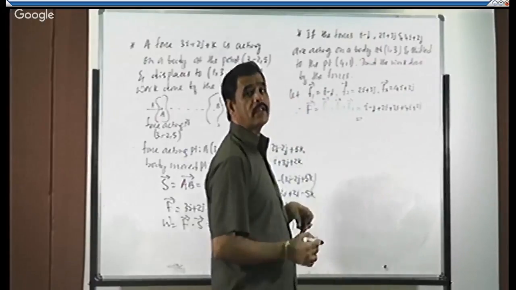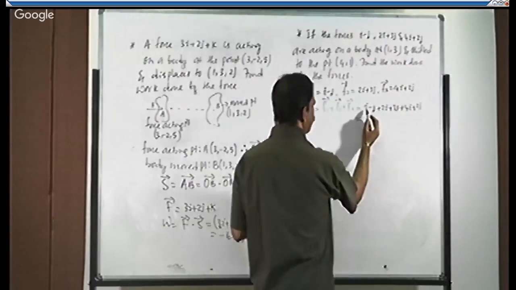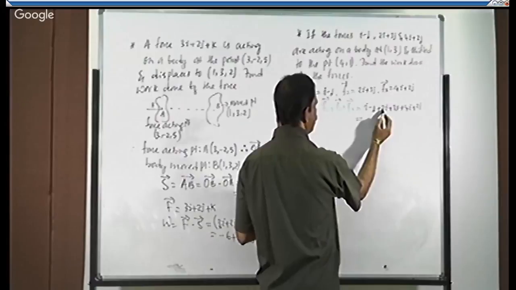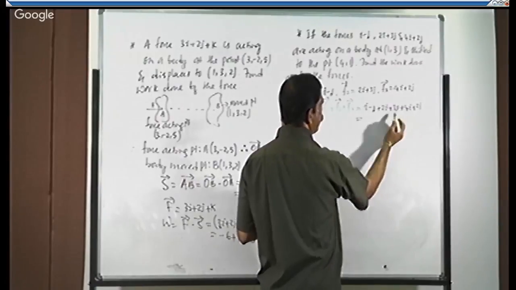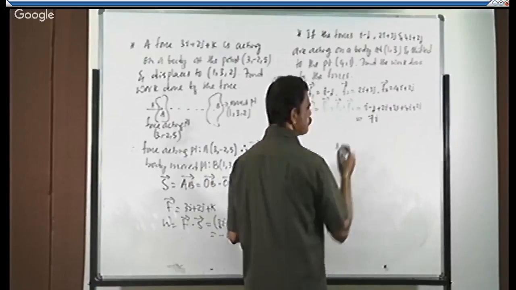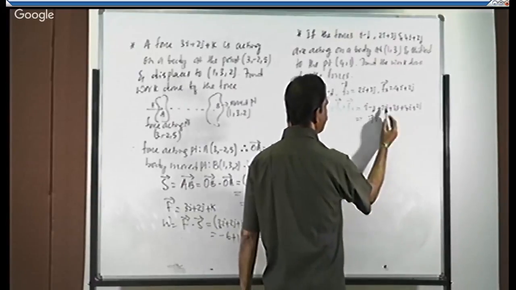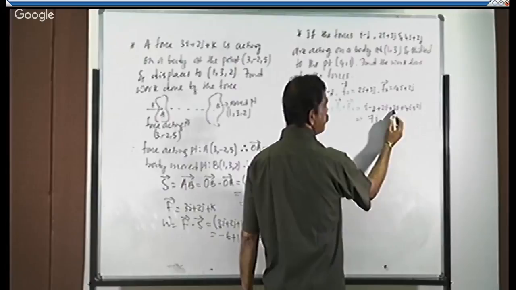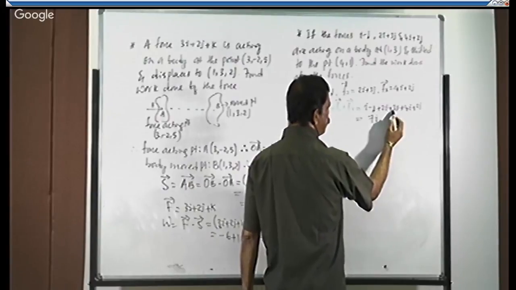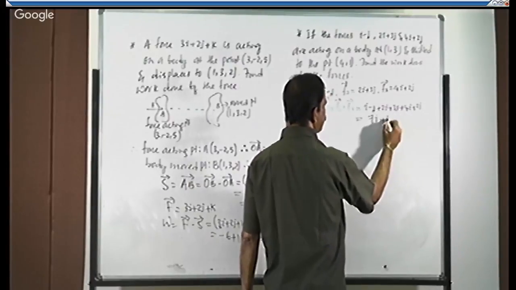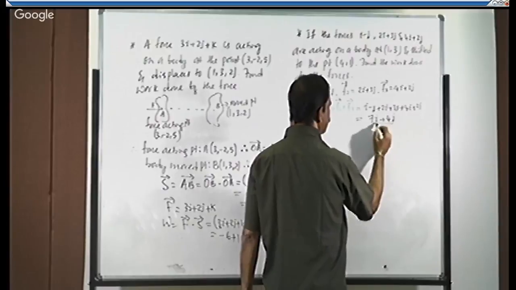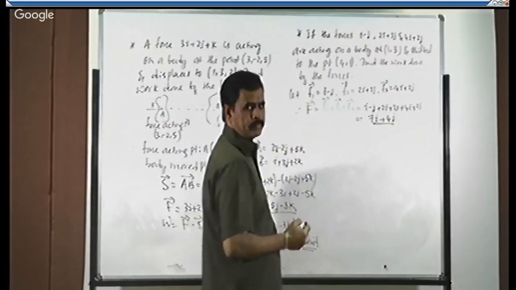All i terms are added: 1i plus 2i, 3i plus 4i, it is 7i. Add the j terms: minus j plus 3j, it is plus 2j, plus 2j, it is plus 4j. This is the net force, right?